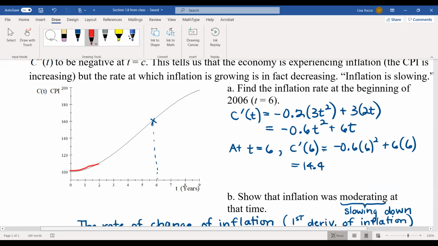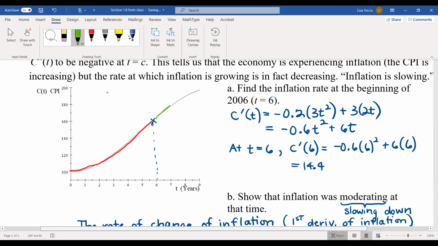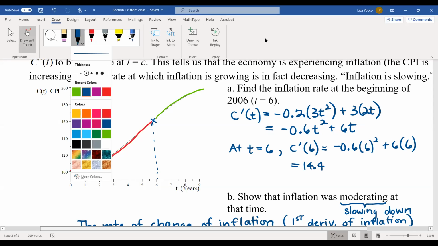All right, so we're gonna see, change to green. We're gonna see at this particular place right here at t equals 6, that's what we're gonna end up calling an inflection point. Just give me a little glimpse into the future.